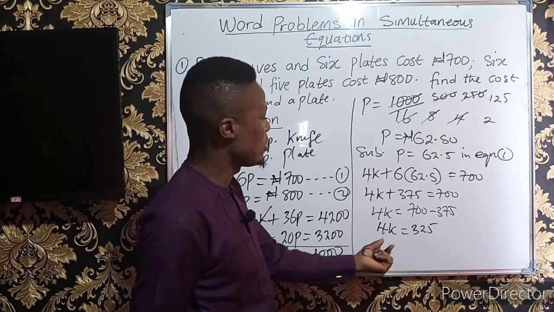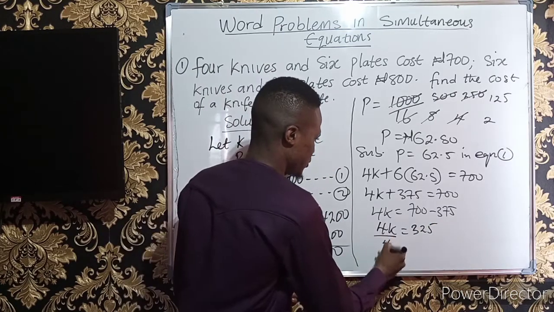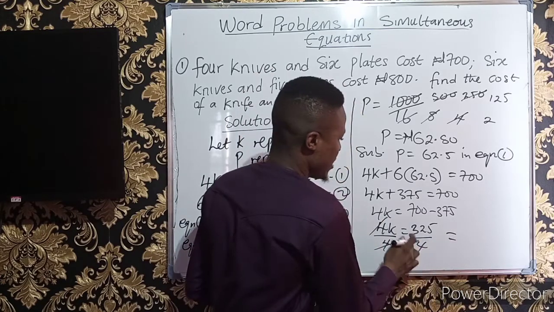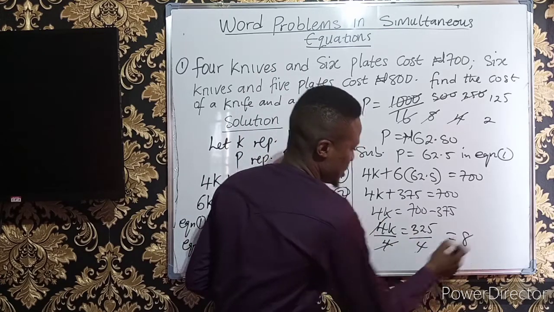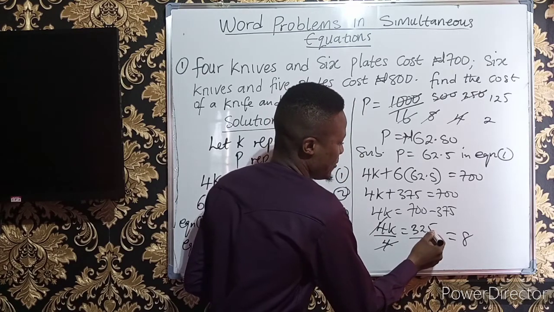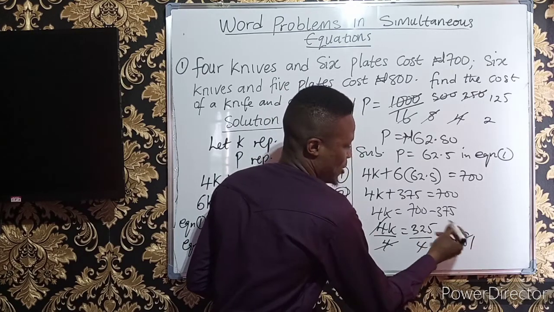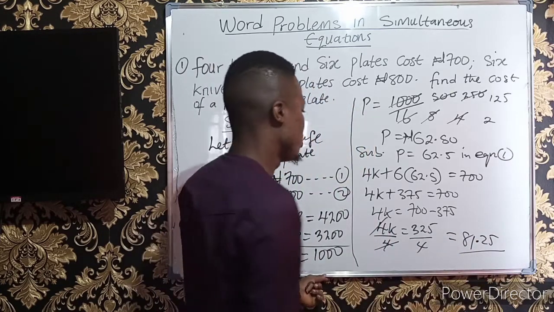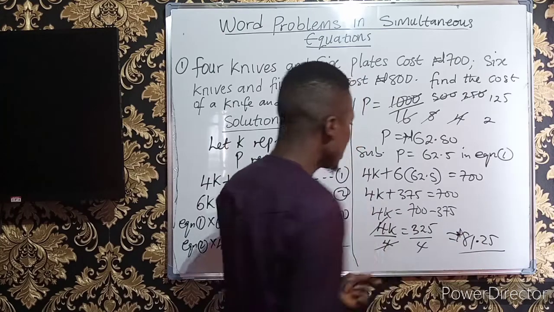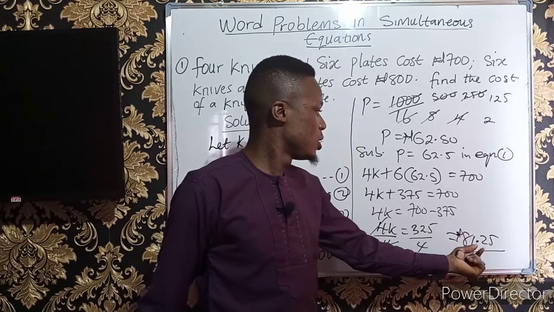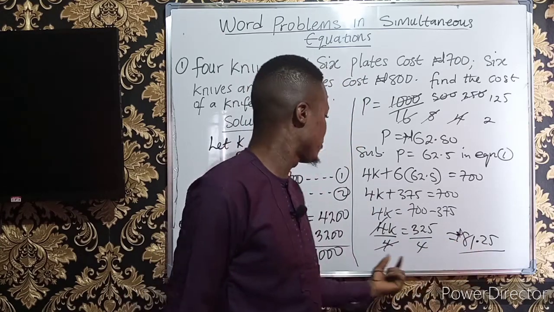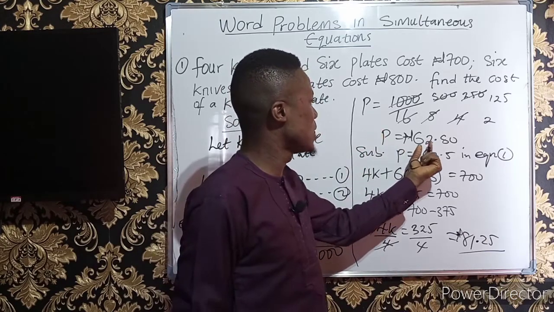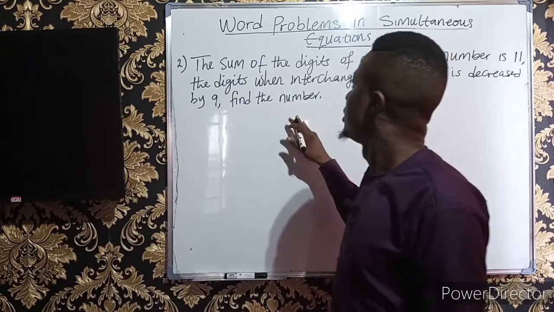To get the value of K, I will divide both sides by 4. 4 cancels 4. Now, 32 divided by 4 will give me 8. 5 divided by 4 will give me 1, remainder 1, which is 0.25 when you take this division. So this is now 81 naira 25 kobo. This is the cost of a knife, and the cost of a plate is 62 naira 50 kobo.